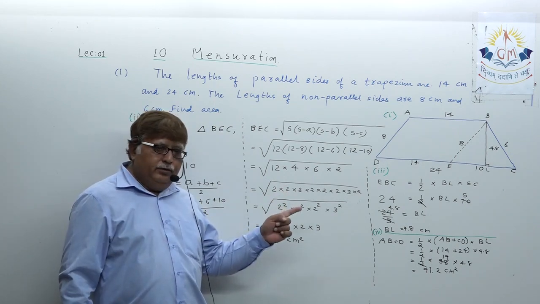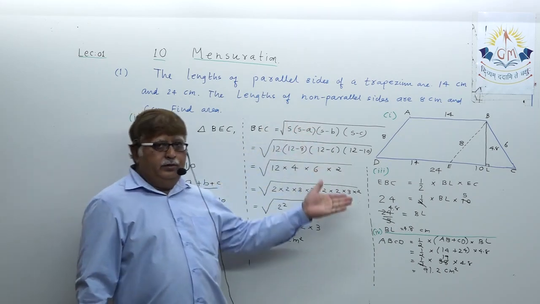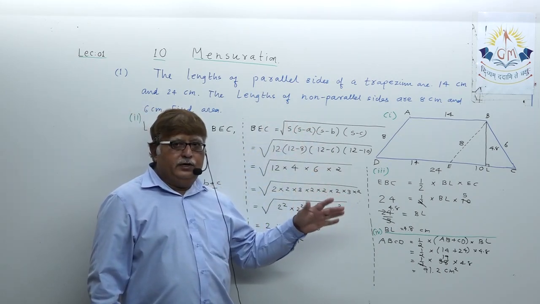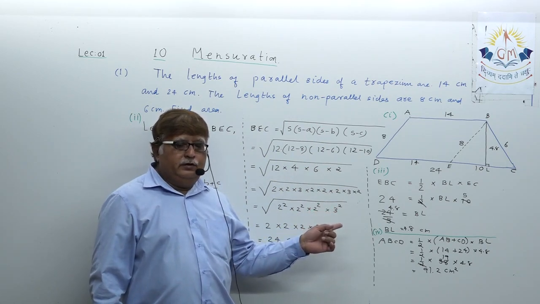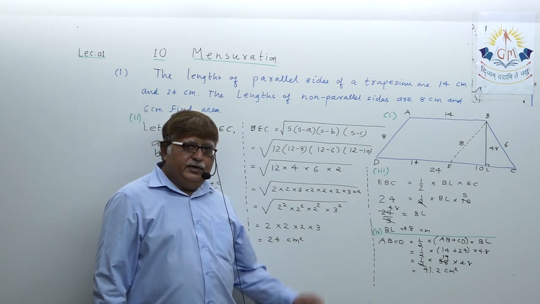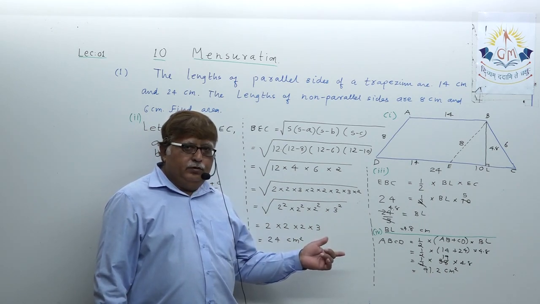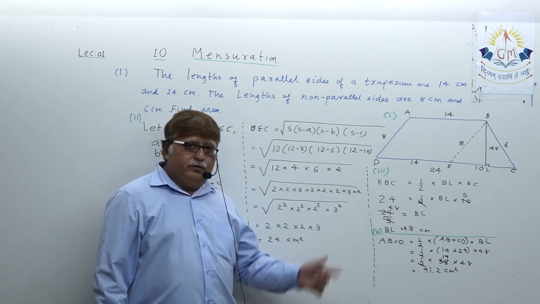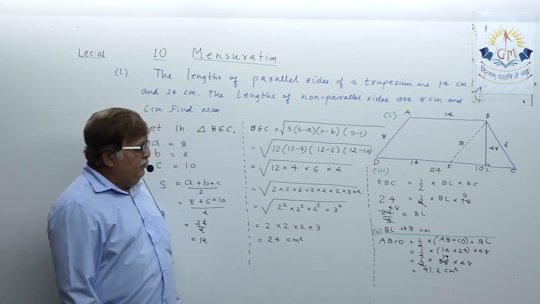Find the altitude. Altitude gives you the distance between two parallel sides. So the fourth stage, directly you find the area of trapezium by applying the formula half into sum of parallel sides into distance between the parallel sides.